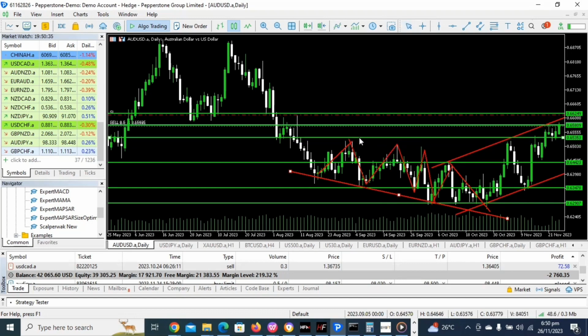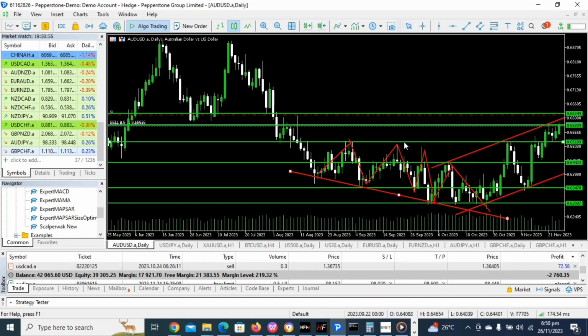I said always above here. And look at it. If I took the trade from this rejection here, and price came back again, guess what? It didn't hit my stop loss. And the trade will gently go down and hit my TP. Maybe this is my TP. I hit my TP. If I'm taking from here, my stop is going to be above this high.